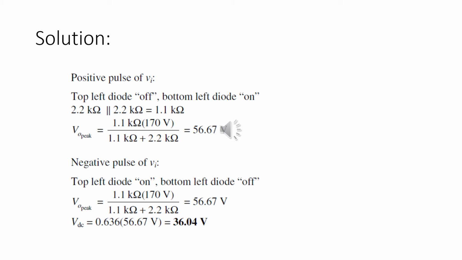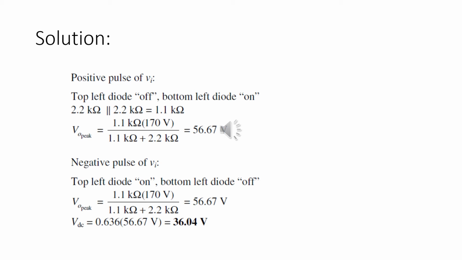During the negative peak of Vi, the top left diode is on and the bottom diode is off. So again we have the same formula for the output voltage. This gives us 1.1 kilo ohms times 170 divided by 1.1 kilo ohms plus 2.2 kilo ohms, which is 56.67.